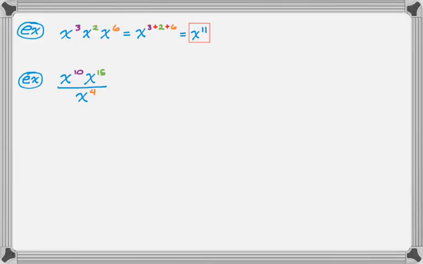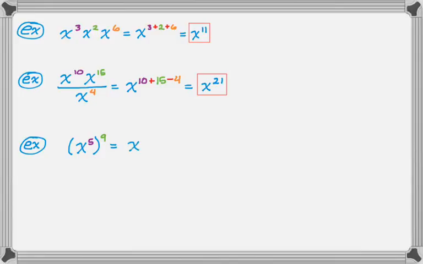The rules say when we are multiplying, we add the exponents, and when we're dividing, we subtract. So it's going to be x to the 10 plus 15, and then minus 4, and overall that gives us x to the 21st. The next one is just an application of a power to a power. Power to a power, you multiply the exponents, and that gives us x to the 45th.